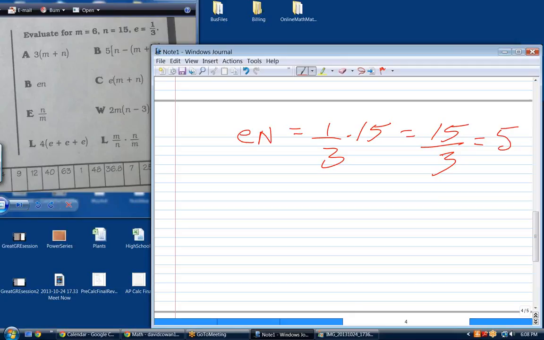You knew that because you knew that 3 times 5 was 15. So if you know that 3 times 5 is 15, you need to know that 15 divided by 3 is equal to 5. They're always like that. In other words, every time you do a division and you get an answer, your answer times the denominator has to equal that.